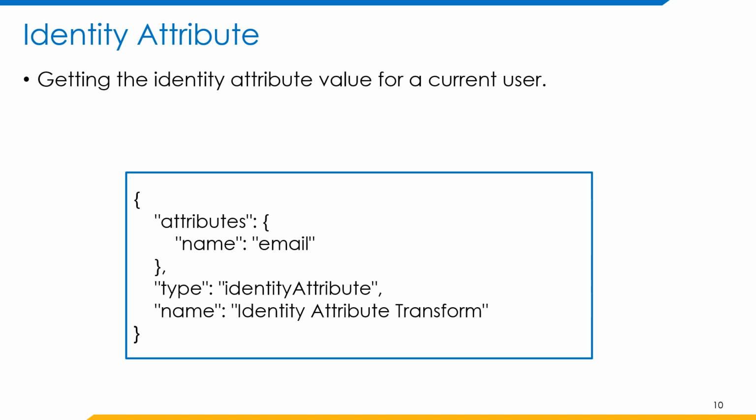We can use this transform whenever we don't have the value from a particular source. Next slide, we will understand the get reference identity attribute transform.